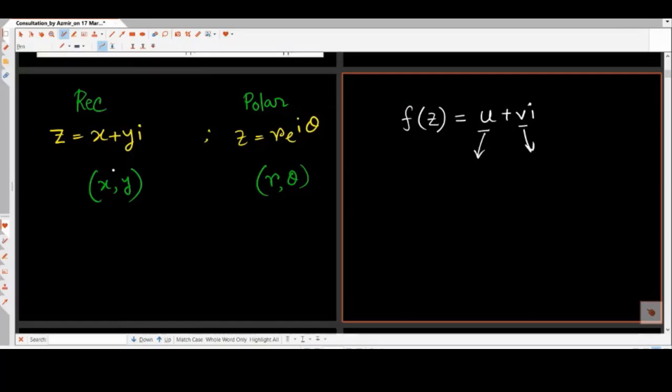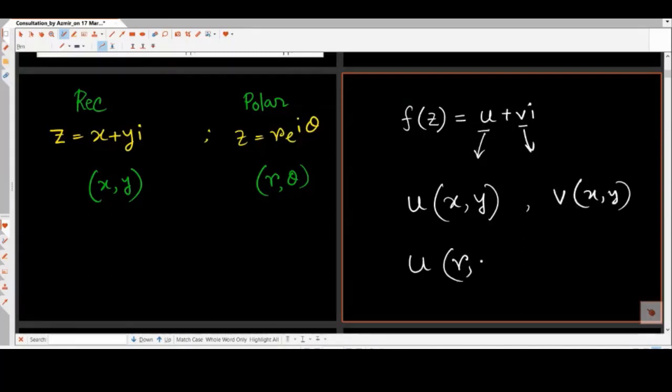Depending on the rectangular or polar form, u and v can be functions of x, y, or of r, theta. A complex valued function is also denoted by w equals f(z), so w equals f(z) equals u plus vi.